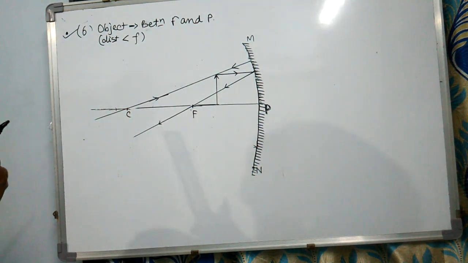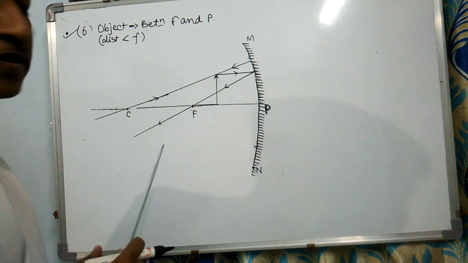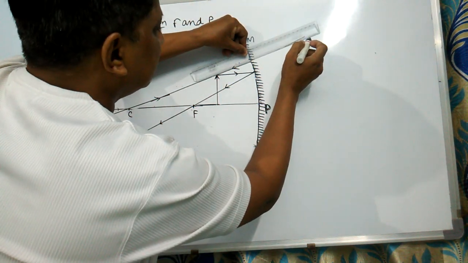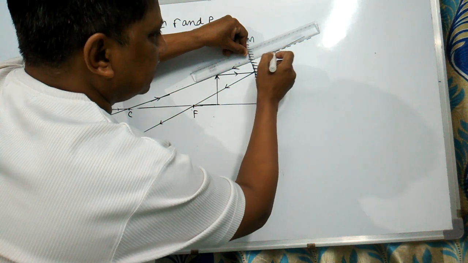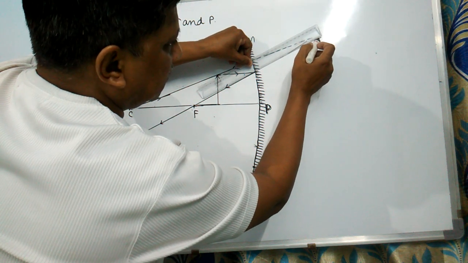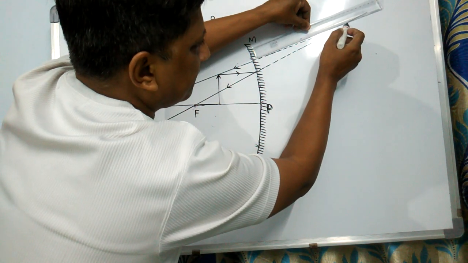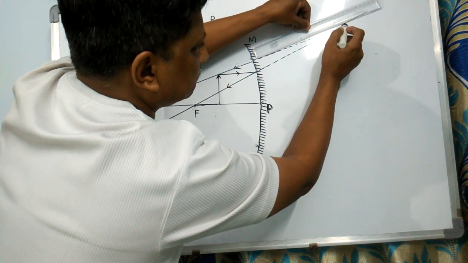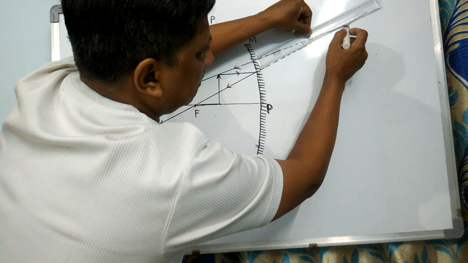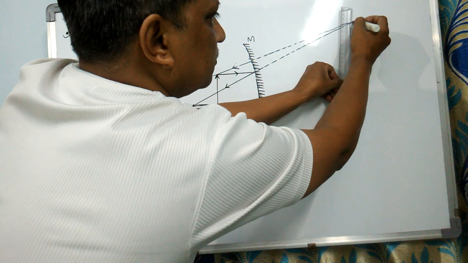So the image is not obtained really, because the rays do not really meet each other. But after extending the rays behind the mirror, they appear to meet at a point, and we have an image.